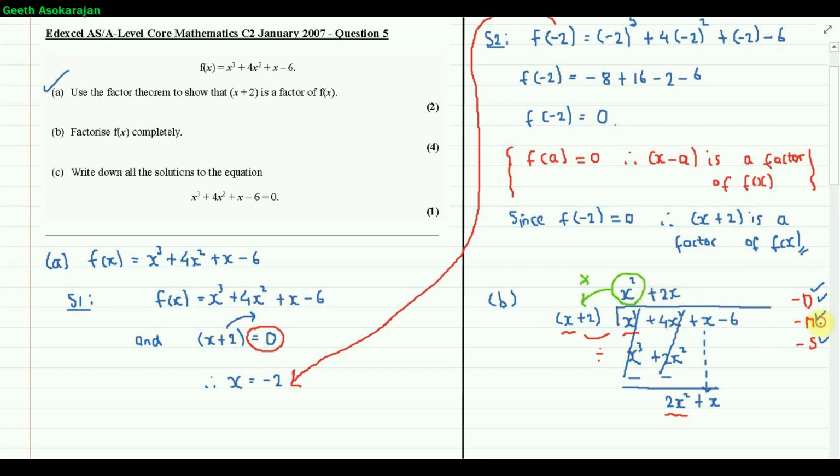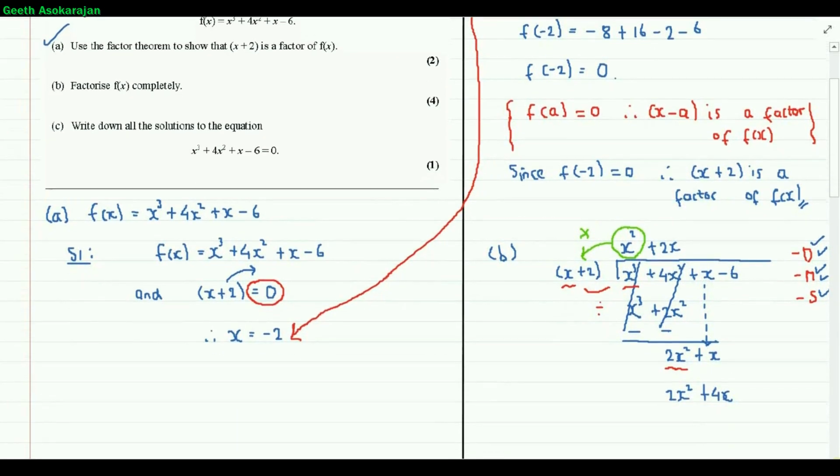The next operation is multiplication. 2x times x is 2x squared. Write down the answers of multiplication beneath in the order of the powers again, and 2x times plus 2 is plus 4x.